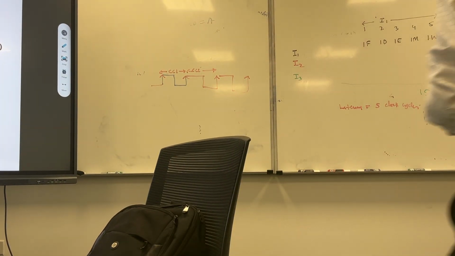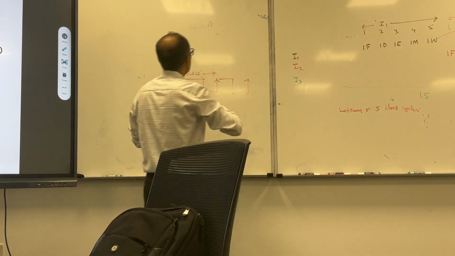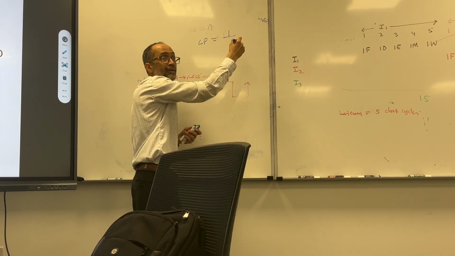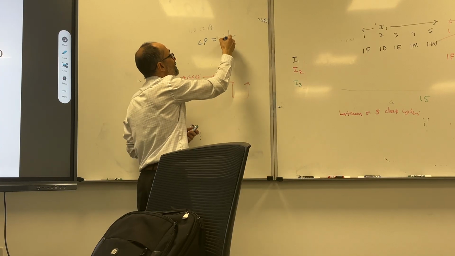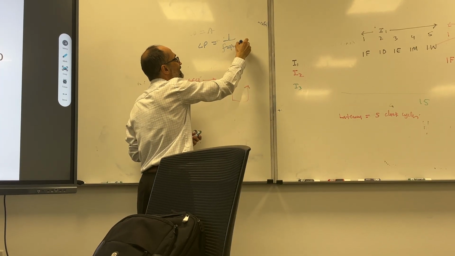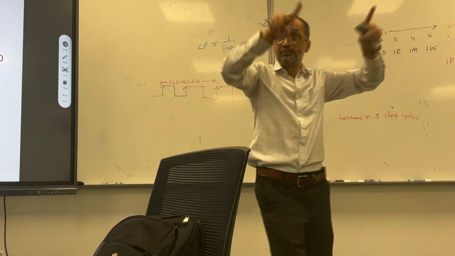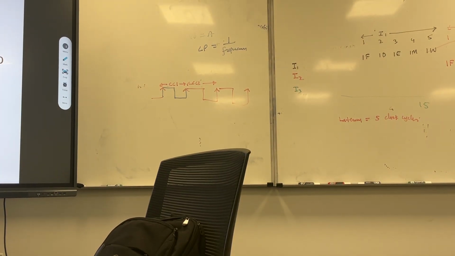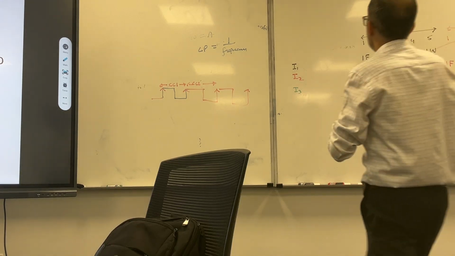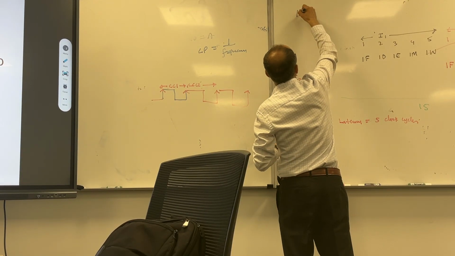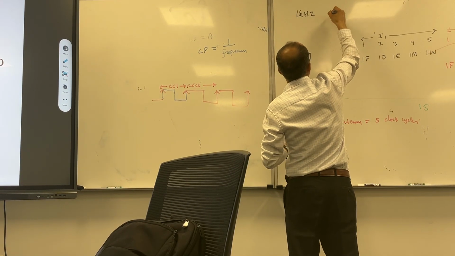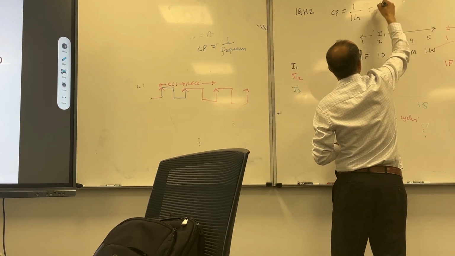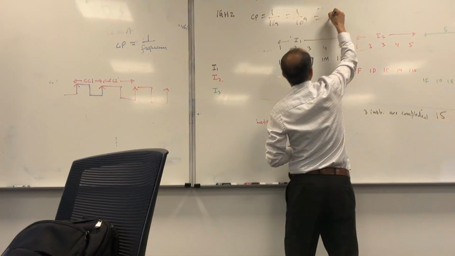And how can we compute the clock period? Clock period is 1 divided by frequency. If we have a bigger frequency, let's assume 1 gigahertz, the clock period will be 1 divided by 1 gigahertz, which is 1 divided by 10 to the power 9, which is 10 to the power minus 9.